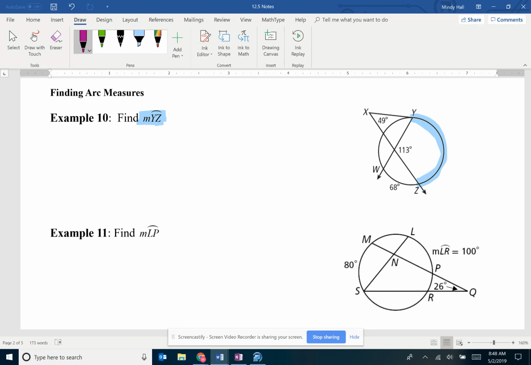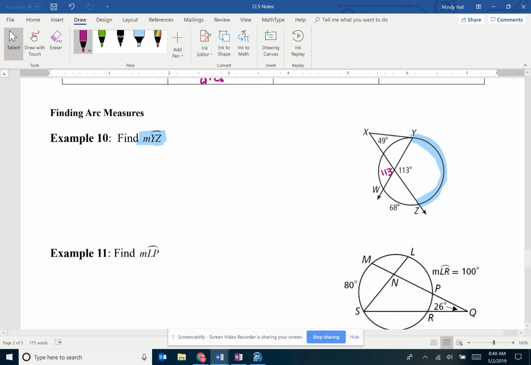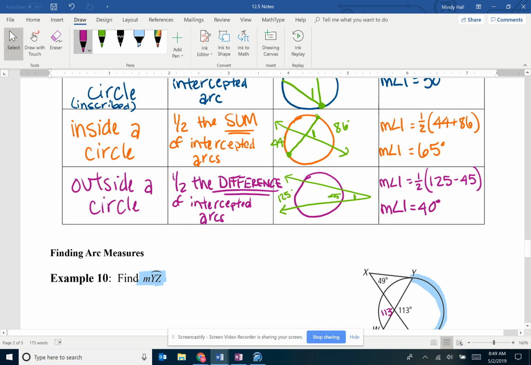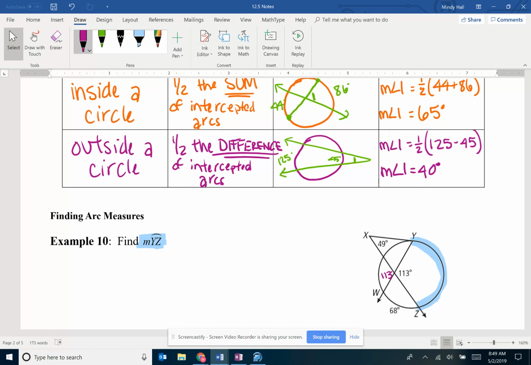So I try and just fill in whatever information I know. I know that this 113 makes this angle over here also 113. And that is going to be helpful because in order to find this, I'm going to have to know both arcs, right? Because these angles are inside of the circle.